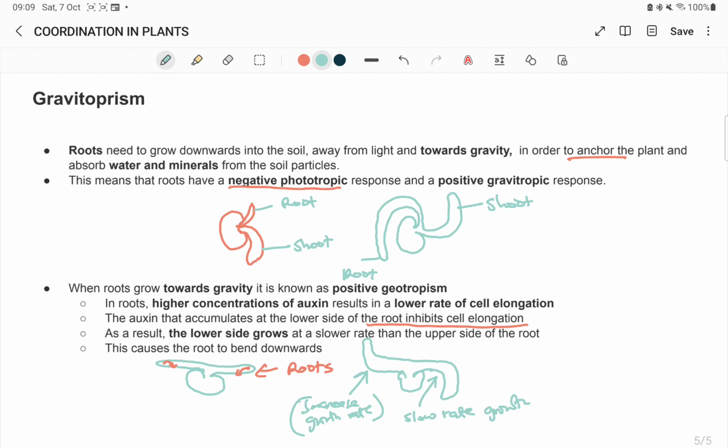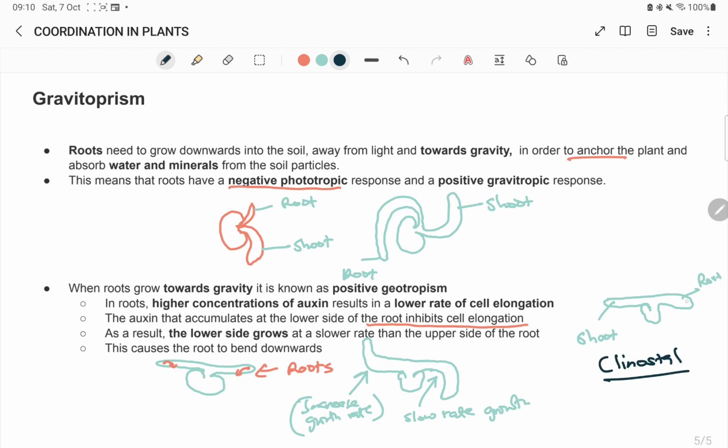Now, in a situation where you have it in a horizontal manner, this is your root and this is your shoot. And introduce something called a clinostat.